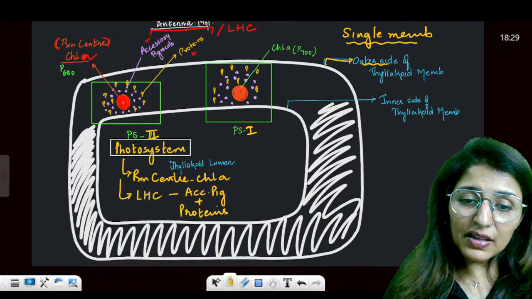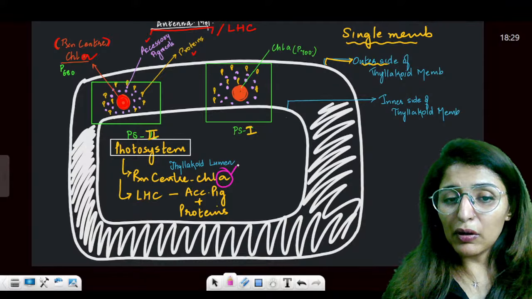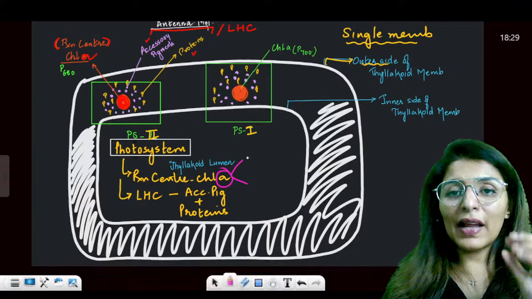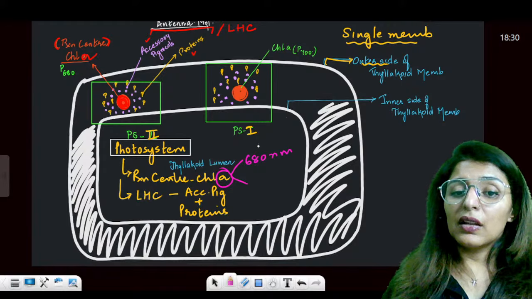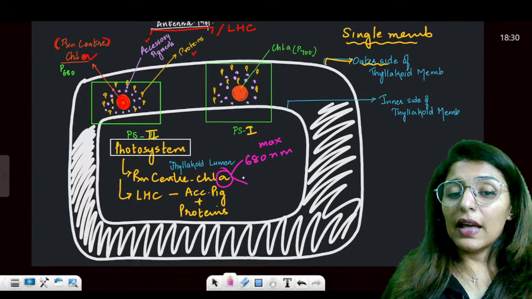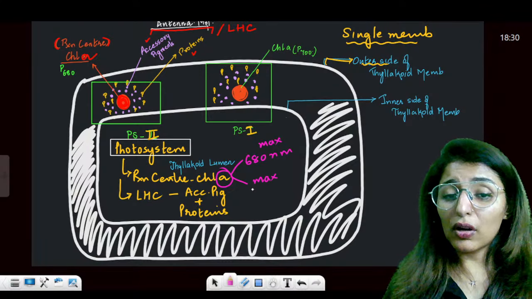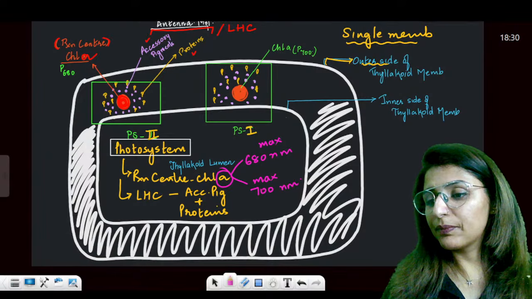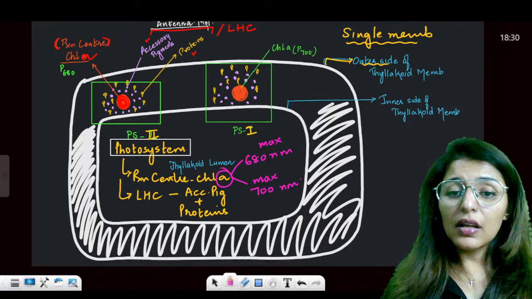Now what is the difference? The difference is in the chlorophyll A. This chlorophyll A can be of two types. One type of chlorophyll A can absorb light up to a maximum of 680 nanometer. And then there is another type of chlorophyll A which can absorb light up to a maximum of 700 nanometer.